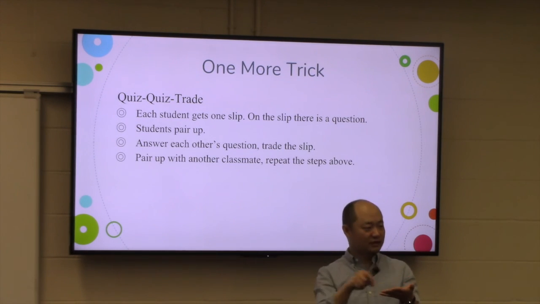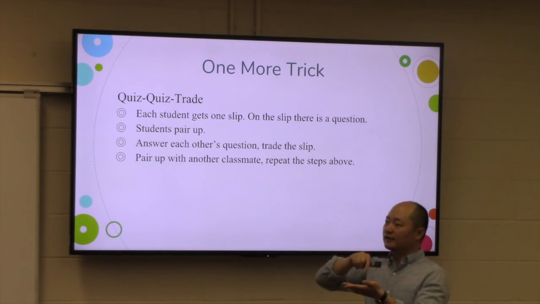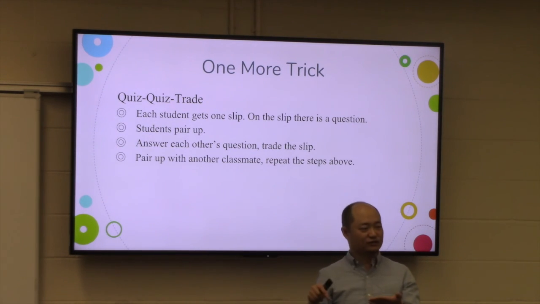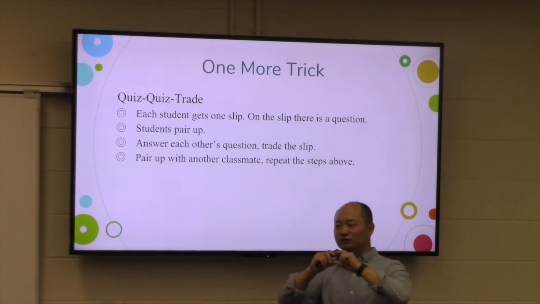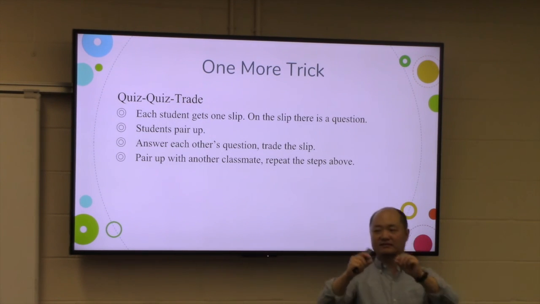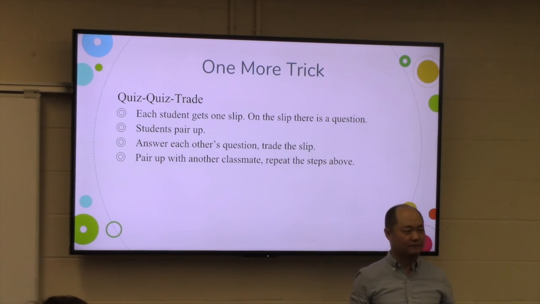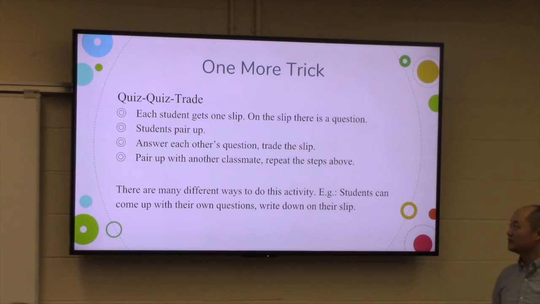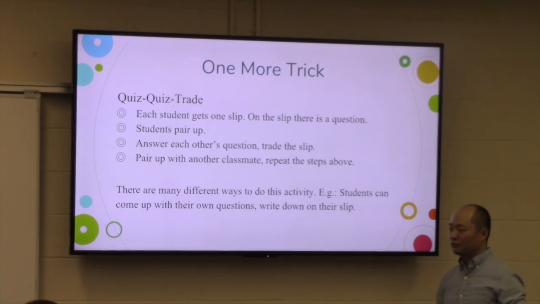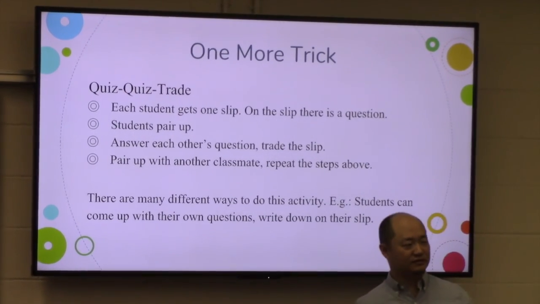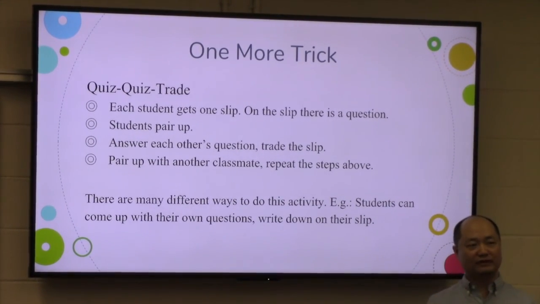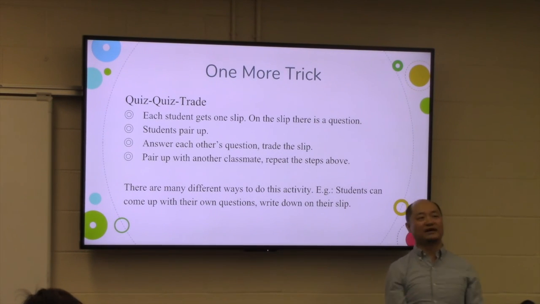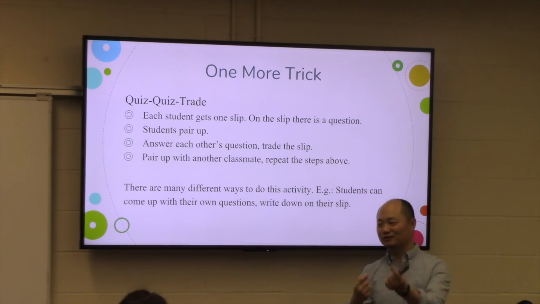Although they're reading a scripted question, they at least have a taste of how you can formulate a question and use it to elicit information from others. And of course, there are many other ways. If you are confident that your students can formulate questions, you can ask them to come up with their own question, and then do the quiz trick.